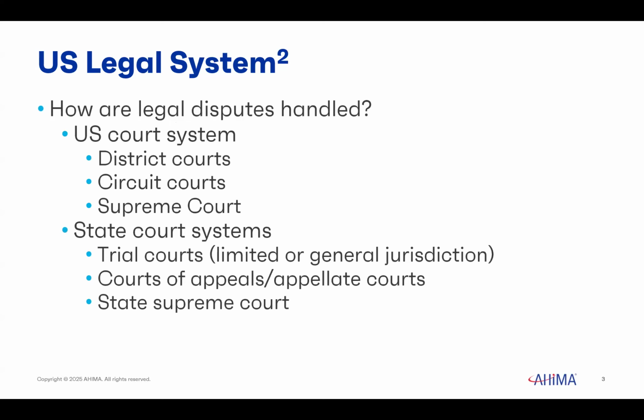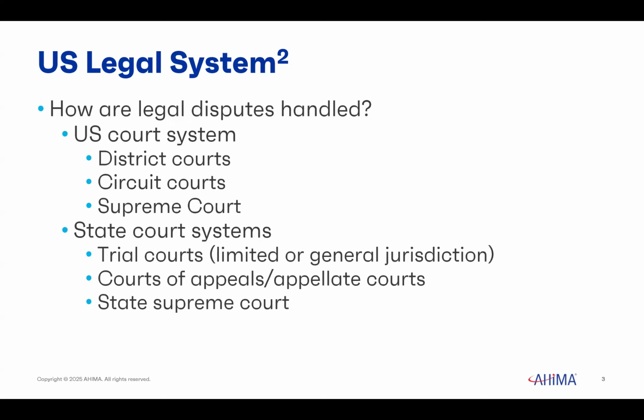So, depending on what laws are broken, there are federal laws, right? And there's state laws. Let's take a look at the federal system first. With the federal system, we're talking about the US court system.